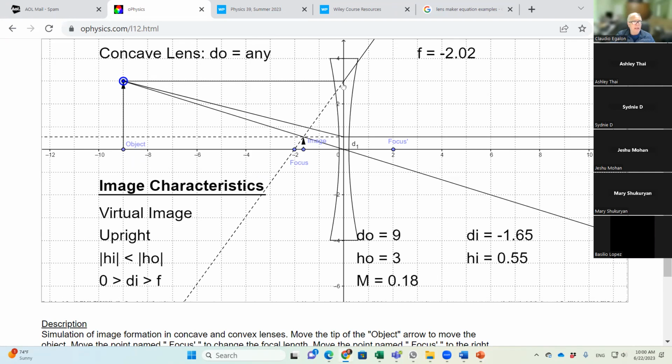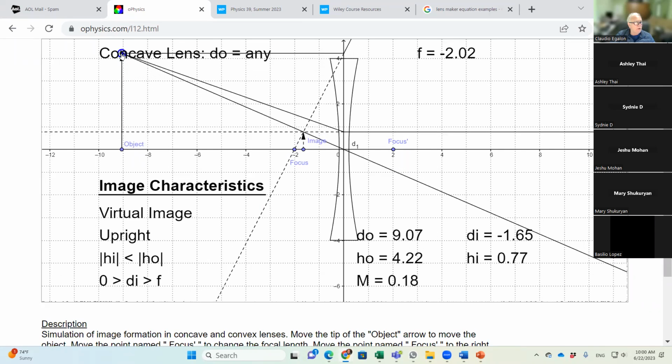The light ray parallel to the axis diverges away from the real focal point. And then the ray passing through the center of the lens goes unrefracted. All those lines, whenever you extend them backwards, you find the point where the image is formed, right?